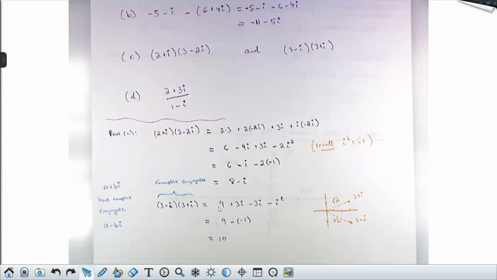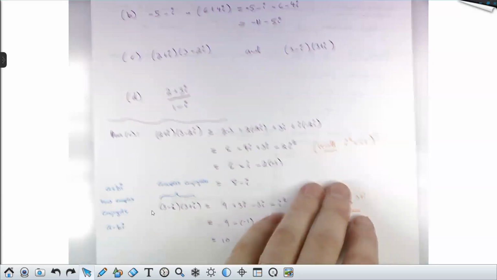All right, last one is the division. First, are there any questions on the multiplication here? So we want to take 2 plus 3i and divide it by 1 minus i.